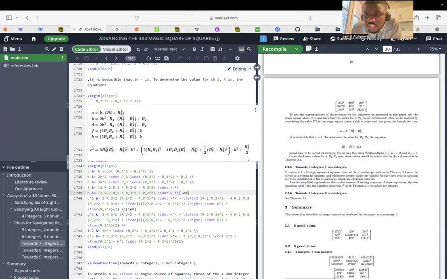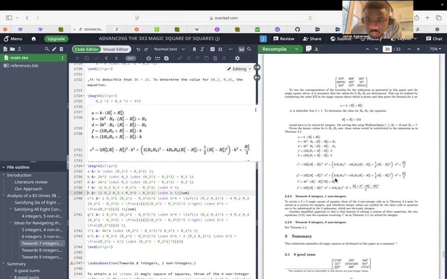We want to see how already established examples compare to my approach. So given we already know this to be 373.